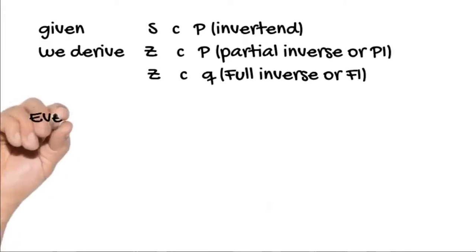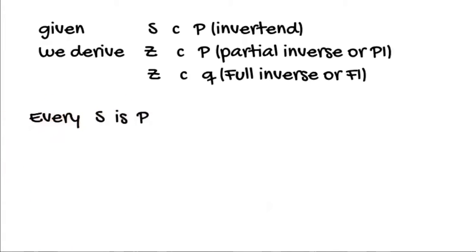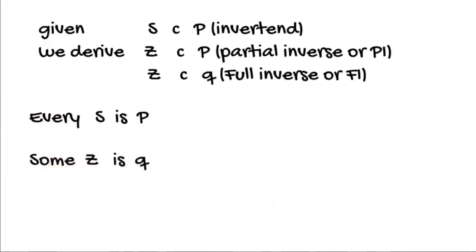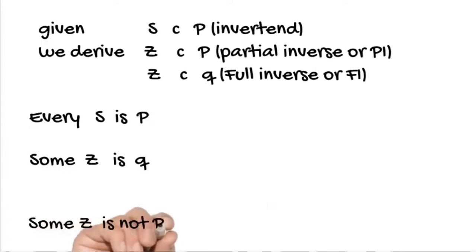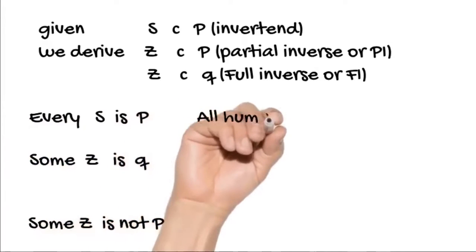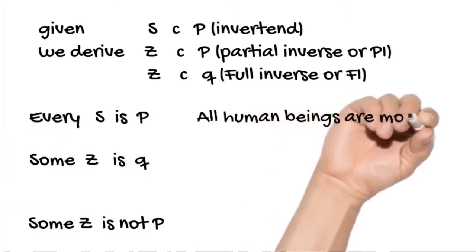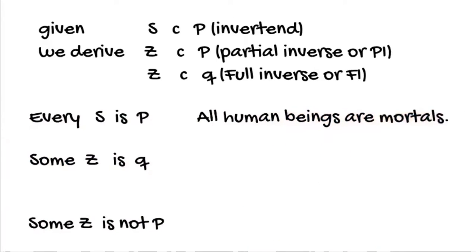So if we compare the template of the inversion and the result of our application, the given proposition S is P is all human beings are mortals.